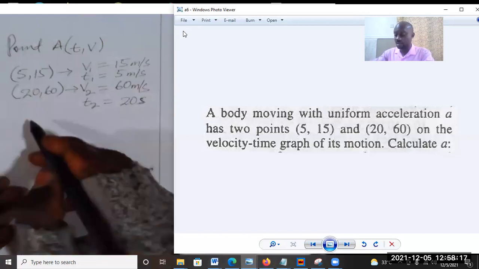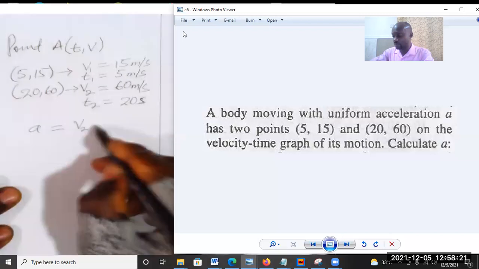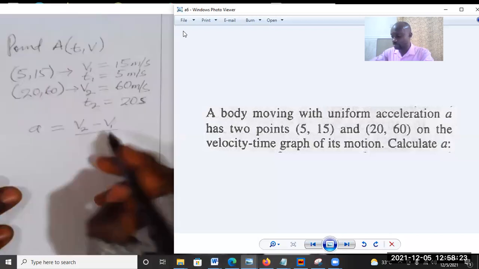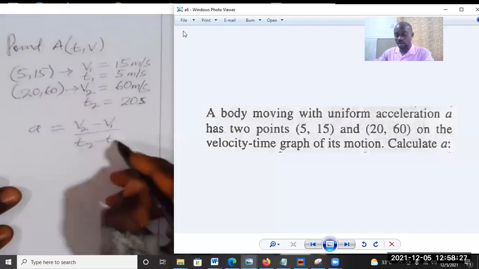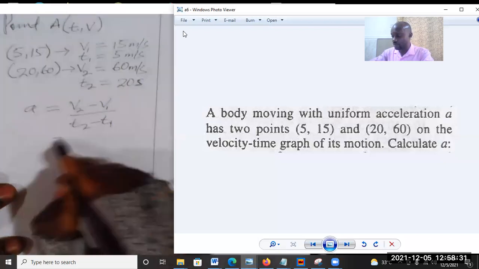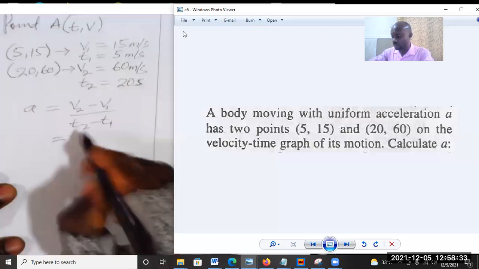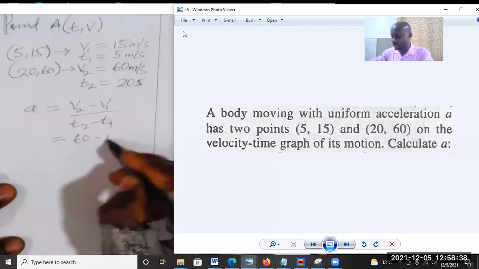So for us to get the acceleration, we use this expression that says V2 minus V1 all over T2 minus T1. Substitute the values. We have V2 is 60, 60 minus 15, that's V1.